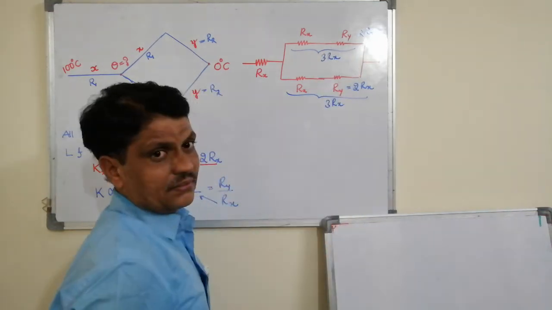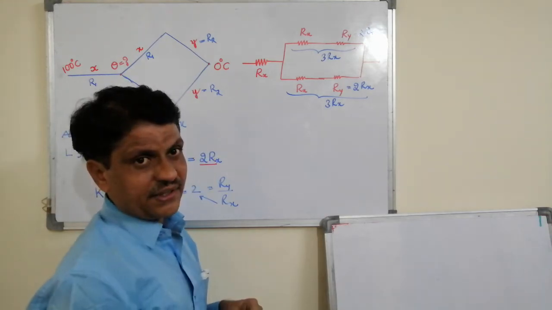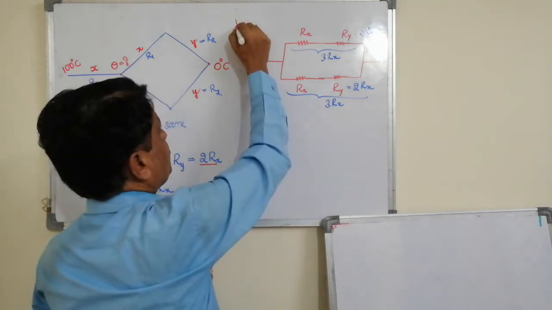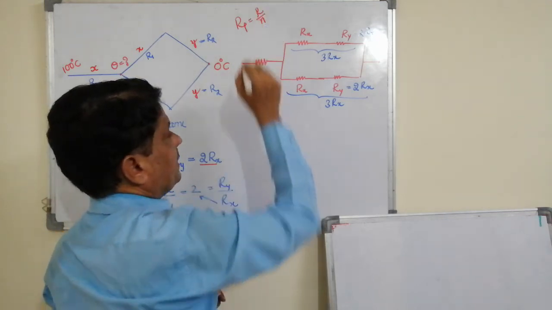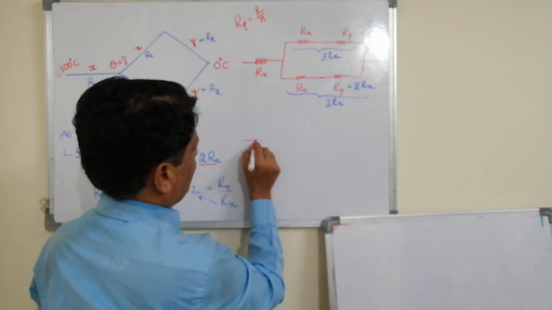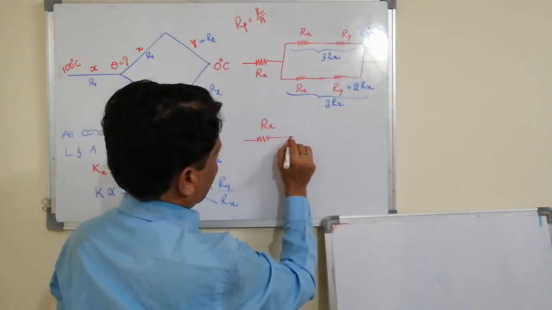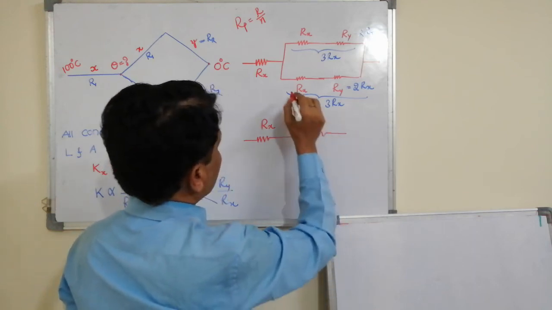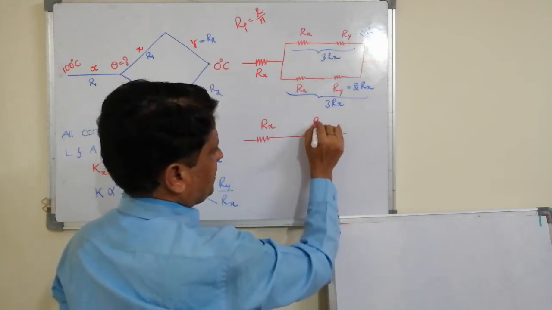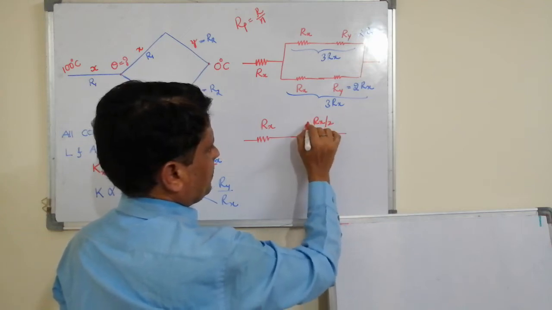Both are in parallel. When two are in parallel and all are identical, Rp is equal to R by N. Here each is 3 Rx, two are there, so effective is 3 Rx by 2.